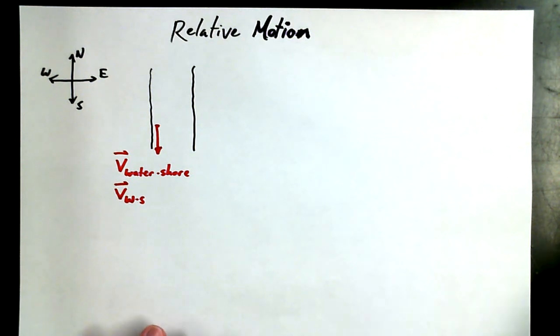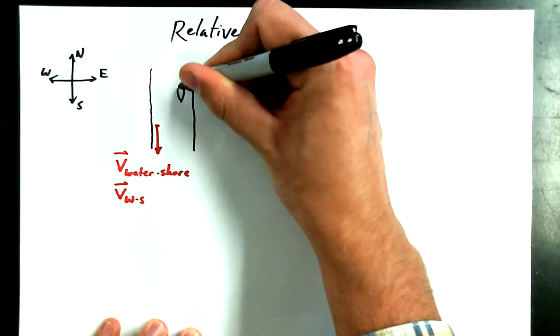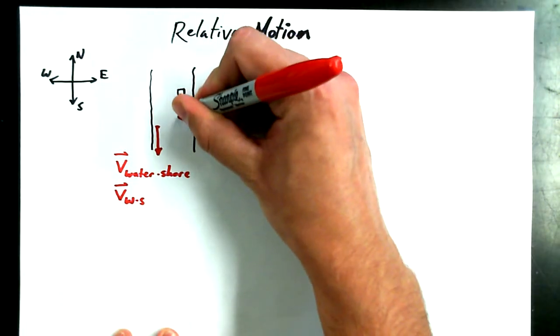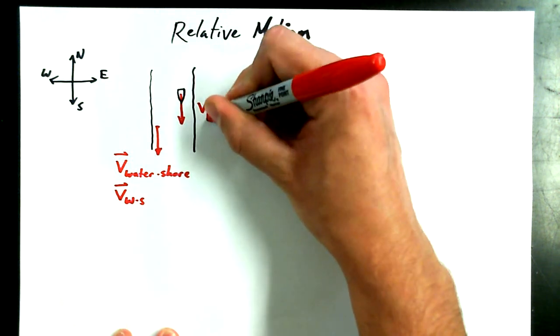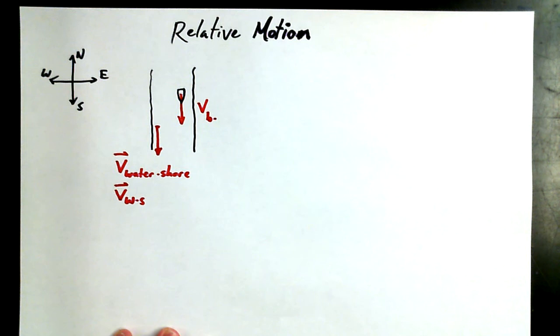Something that might be on the water could be a boat. And this boat's pointing south, according to our reference frame. And we're going to say that this boat could have a velocity of boat. Now, we're going to talk about the velocity of the boat relative to the water.